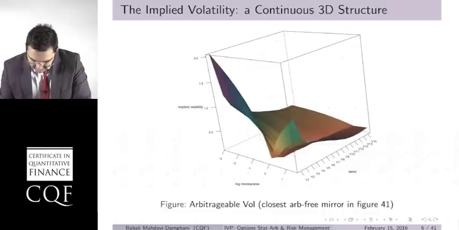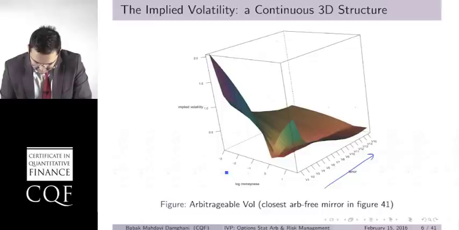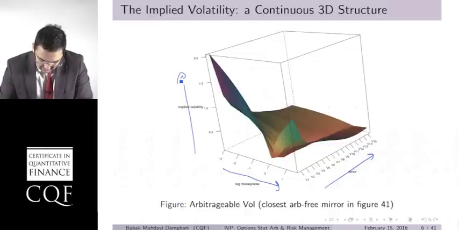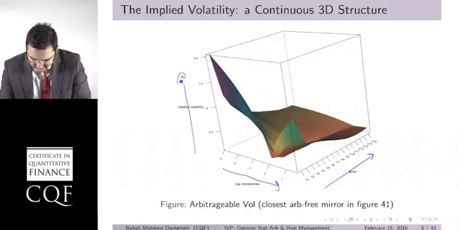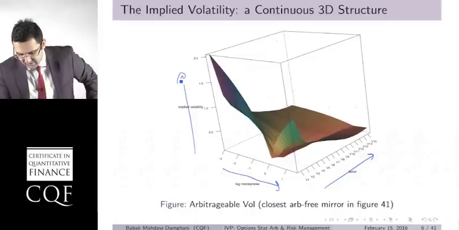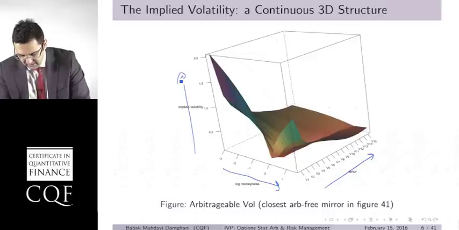Okay, so you have increasing tenors here, you have increasing log moneyness here, and in this axis here you have the implied volatility surface. Okay, so it's a nice little feature. You can note that it's not flat. So again, if you're working in finance, you already know why.